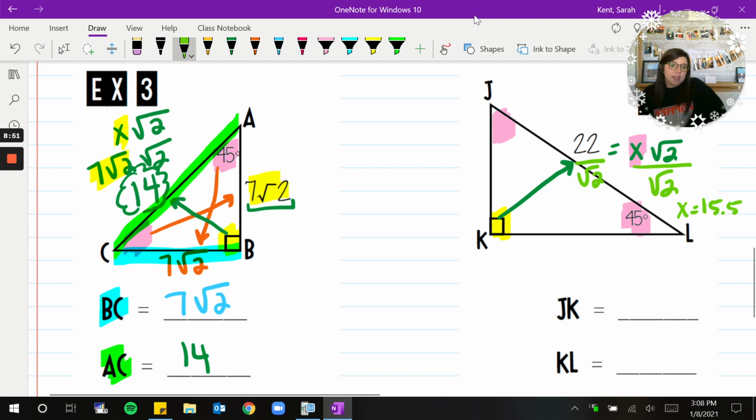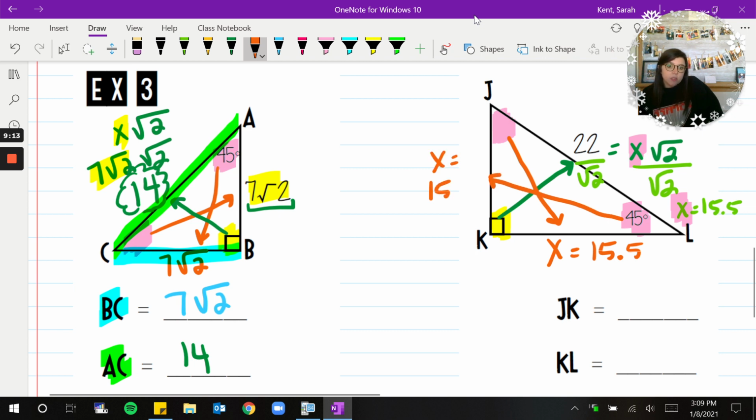For my x, I want my x to always be across from the 45 degrees. Here I see 45 degrees, so across from that, I'm going to put x, which we now know equals 15.5. And 45, across from that, I'm going to put x, which we know equals 15.5.